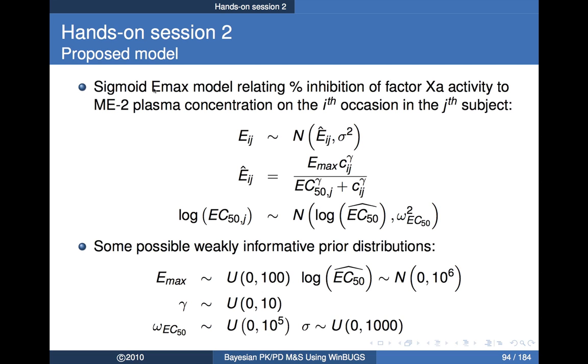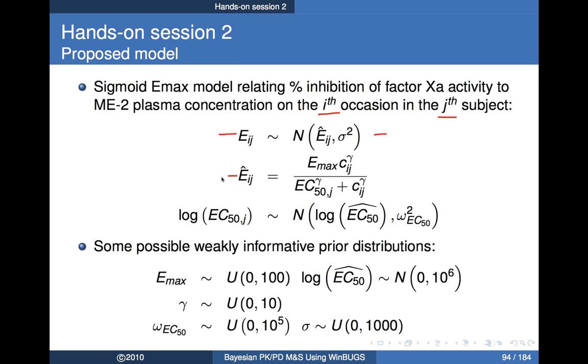So we're going to do a sigmoid Emax model. It's going to relate our factor Xa inhibition to our plasma concentration. Here are the indexes: I for occasion and J for subject. So our response on the ith occasion and the jth subject is going to have a normal distribution for our residual variation.